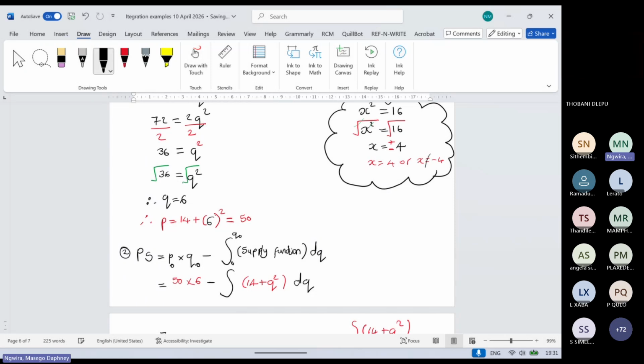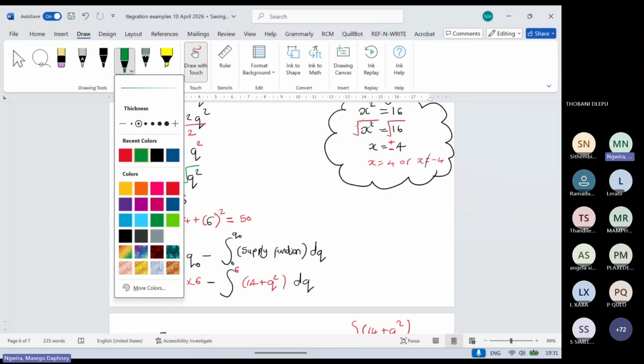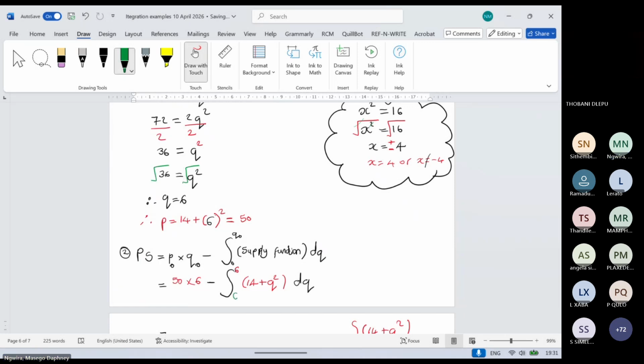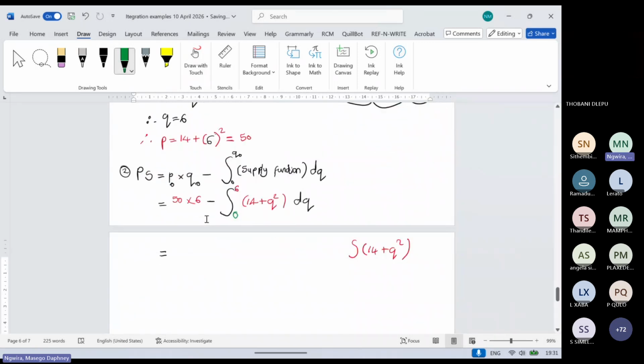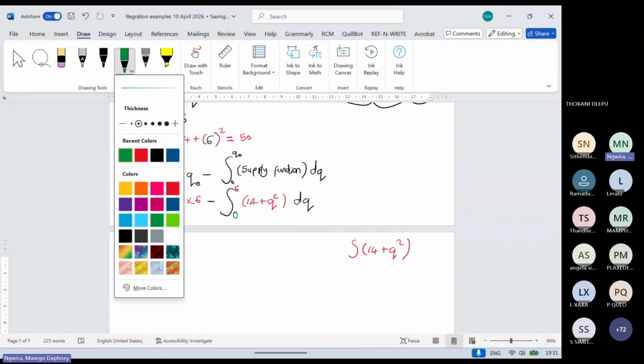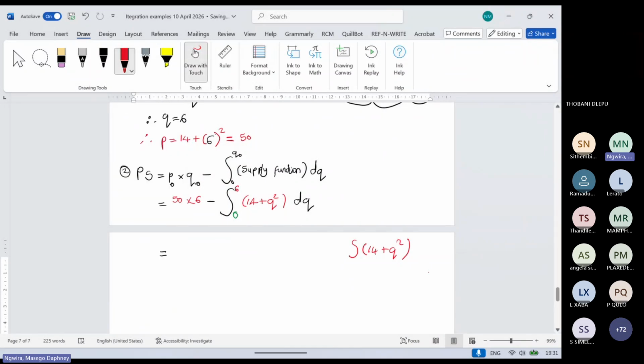Now we are going to integrate with respect to Q.